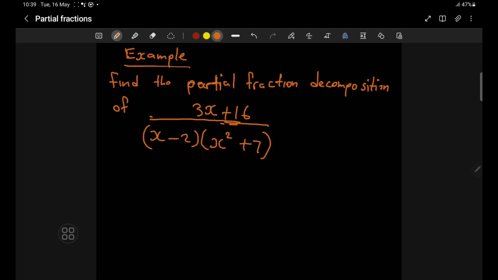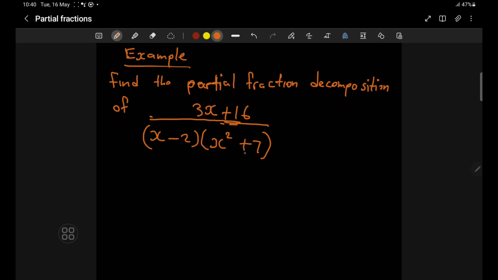So we are having this question now. We look at the denominator. For the x minus 2, it's non-repeated. This is a quadratic. It has the exponent of 2. So x squared plus 7. There is no factorization we can do further from here. We can't reduce this expression.